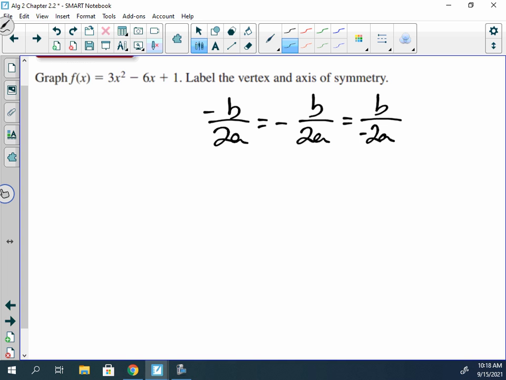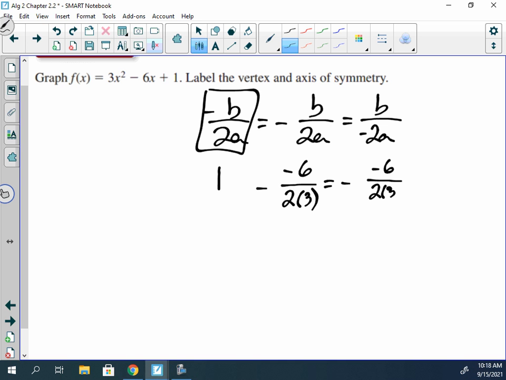Because we did it this way and got 1. If we do it this way, negative 6 over 2 times 3, well, 2 times 3 is... So the negative outside would apply to the bottom, 2 times 3, because here I can leave it out front.